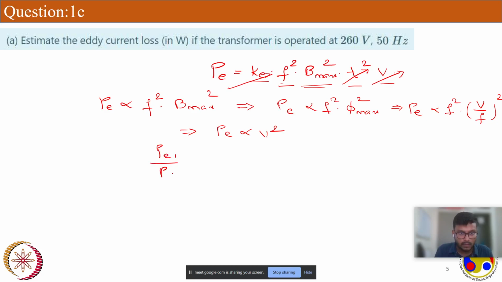PE1 by PE2 is equal to (V1 by V2) whole squared. How much is V1?